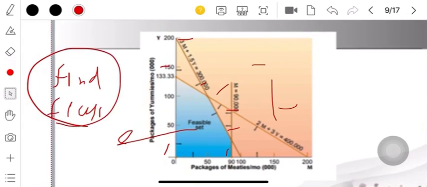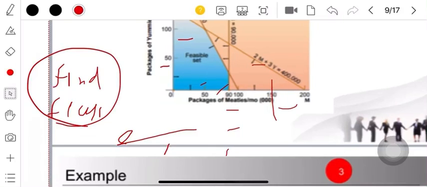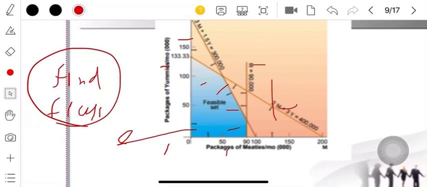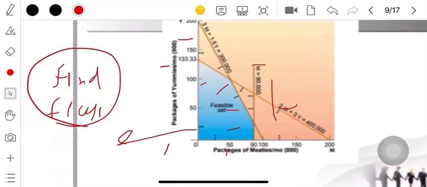How to find this intersection point? Just solve these equations and it will be the intersection point. Find the value of the objective function at each of these points, and the point which has the maximum value will be the optimal solution.